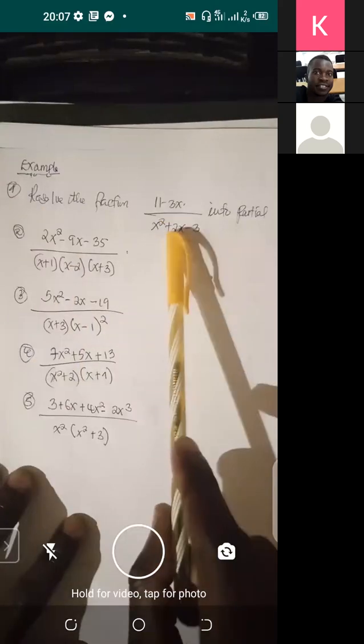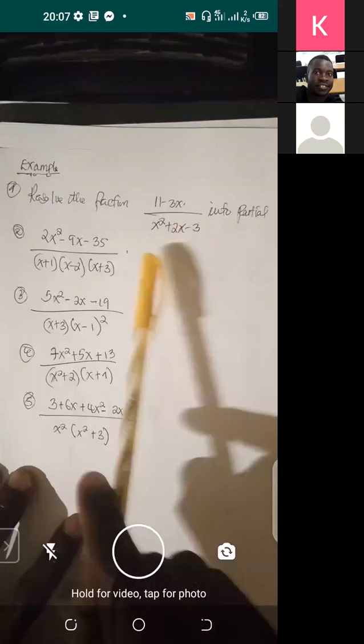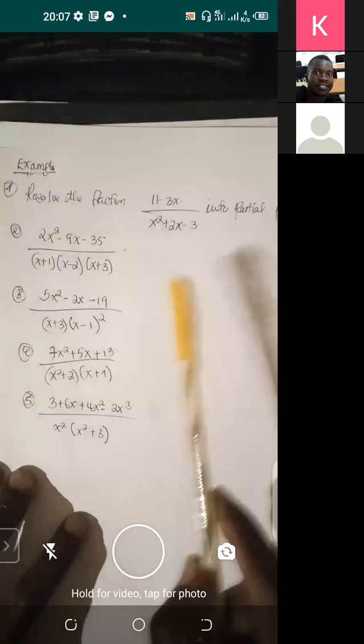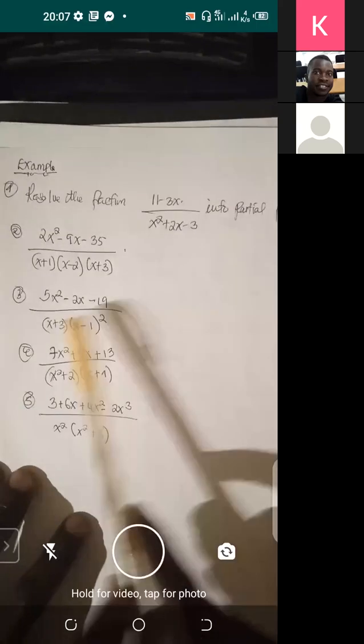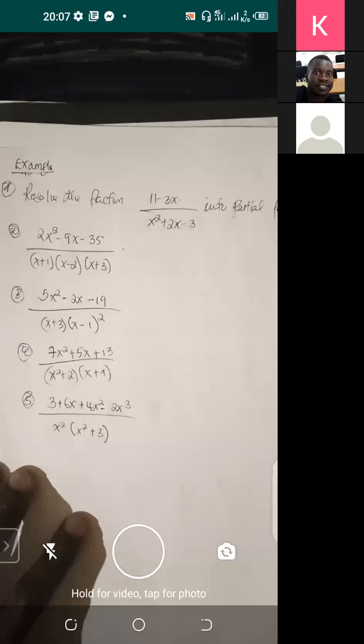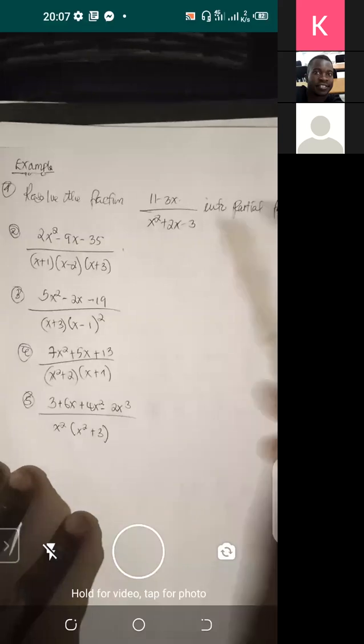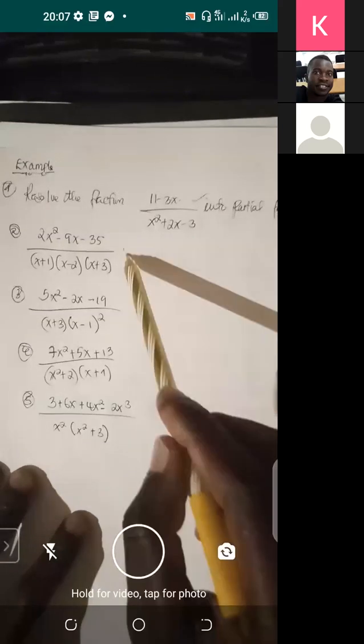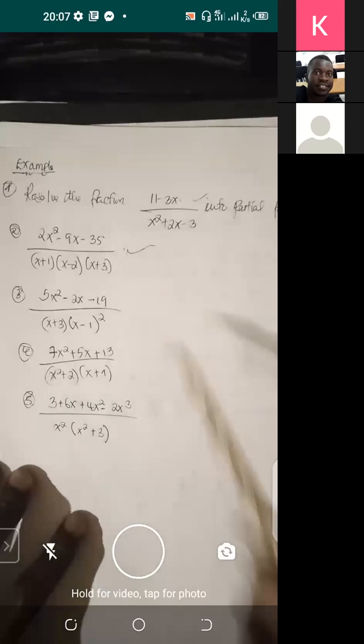Then you have our second, third, fourth, and fifth examples. We're going to look at the first example, the second example, and maybe the third example if we have time. We'll see where we end.